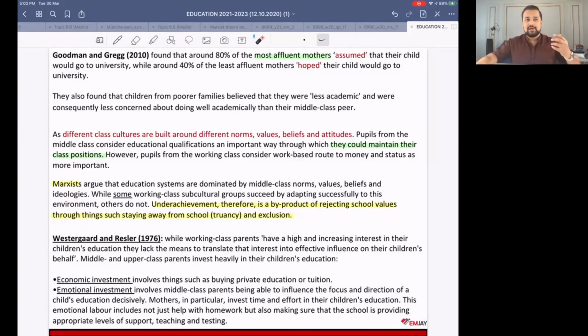Not only a middle class child and a working class child, their families, their family background, how they're differently positioned, right? Now moving on, this investment that we're talking about, it isn't only economic investment. Yes, economic investment is there, but along with economic investment, it is emotional investment as well.